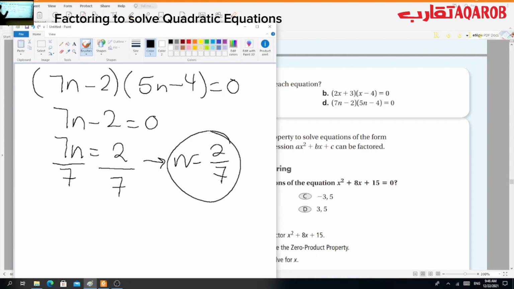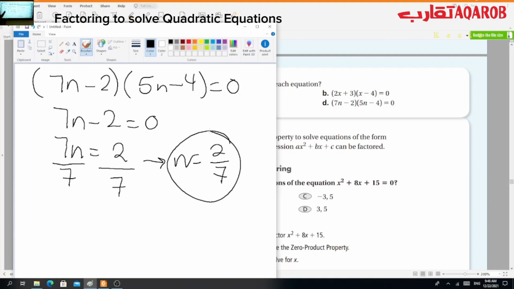Why did I do this? Actually, in two steps, I used the inverse operations twice. In the first step, I added 2 since it was subtracted. The inverse operation of subtraction is addition.